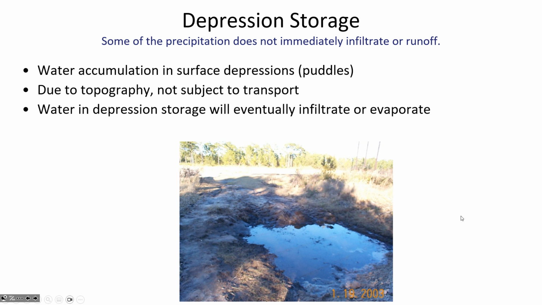All of the small depressions have to be filled up before water is going to be flowing over the surface. So this is just showing a puddle in a field, and water would maybe be flowing towards it, but it's not going to flow out of this depression until it's all the way full. So it's kind of like a small reservoir.